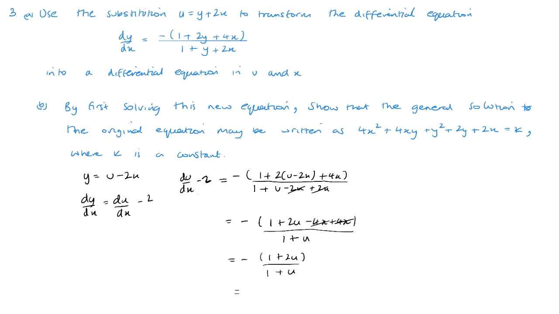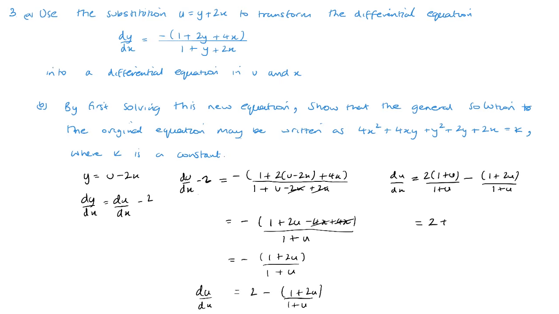Now, taking the 2 over du by dx, we have 2 minus (1 plus 2u) over 1 plus u. If I make the 2 a fraction, so du by dx equals 2(1 plus u) over 1 plus u minus (1 plus 2u) over 1 plus u.